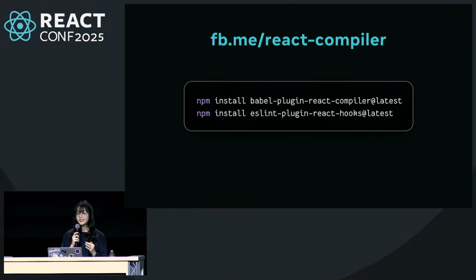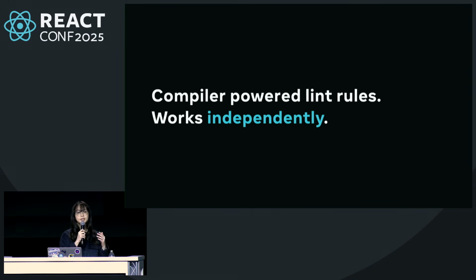So after the keynote and after I do the release, you can get started using the compiler in your applications by installing Babel plugin React compiler, as well as the new ESLint plugin. The plugin has new compiler-powered rules, which are independent of the compiler.